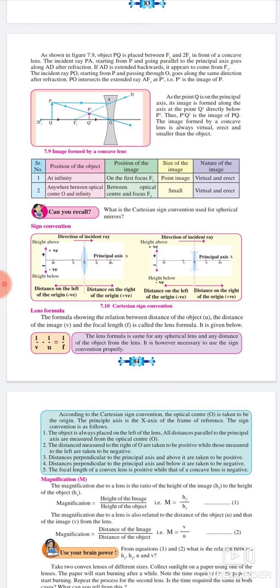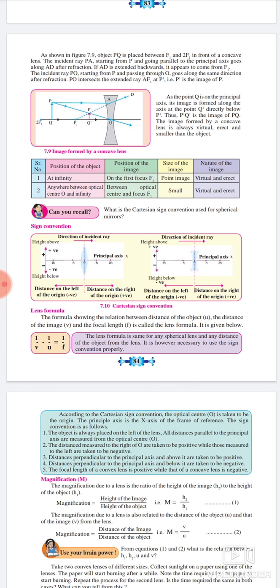If it is below the principal axis, we take the height as negative. If the distance is on the right side of the optical center O on the x-axis, we take it as positive. If it is on the left hand side of O, we take it as negative. The same thing we take for the concave lens also.